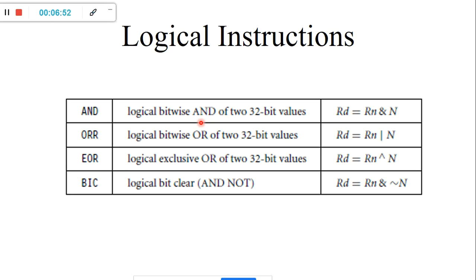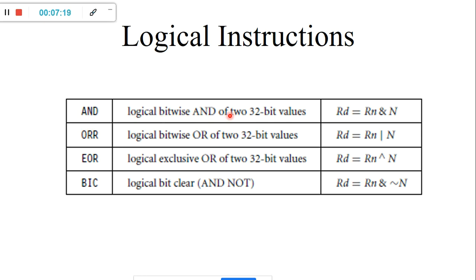If I perform 3 ANDed with 2, this is what we call the normal logical AND operation, where the output will be a single bit, either true or false. Now the other case is the logical bitwise operation, which means that each bit is going to be ANDed.